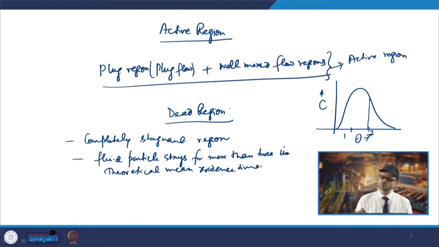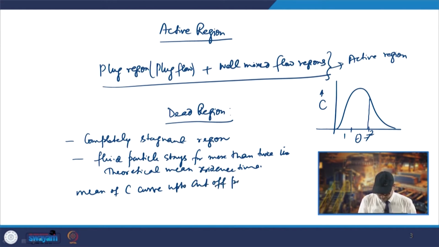Suppose you are taking 2 times the value as the one after which you are categorizing as the dead region. Suppose the mean of the C curve up to the cutoff point of theta equal to 2 be theta c.